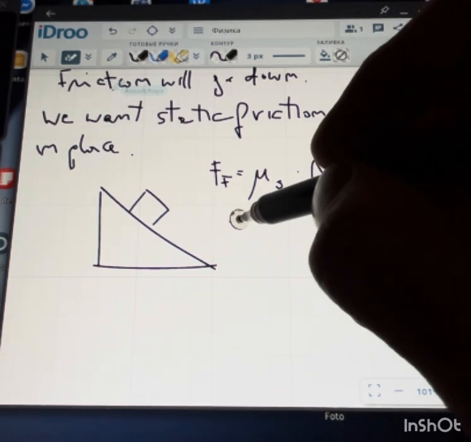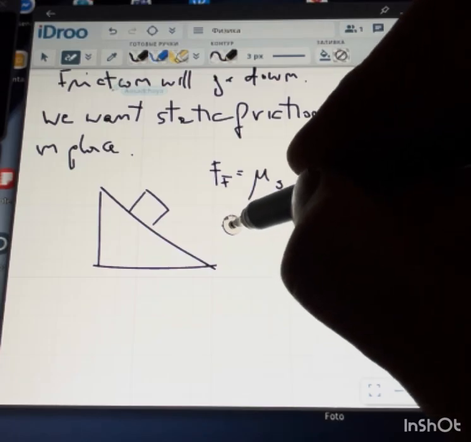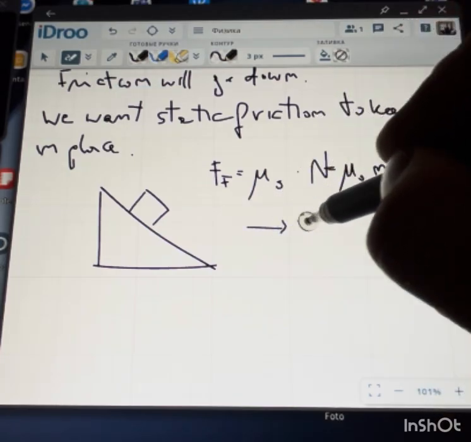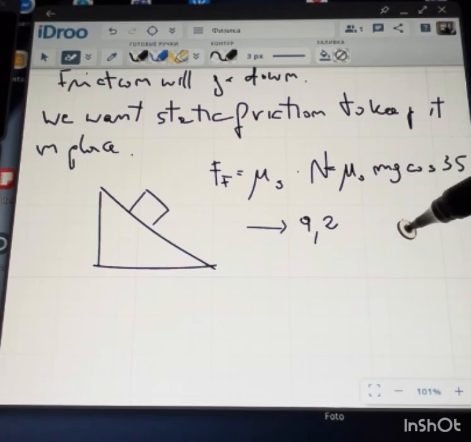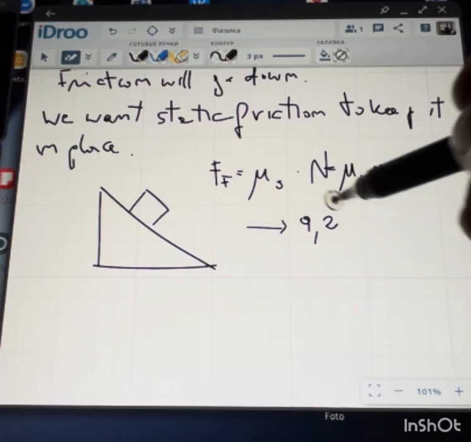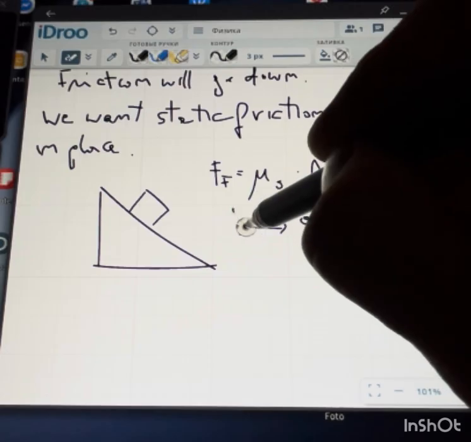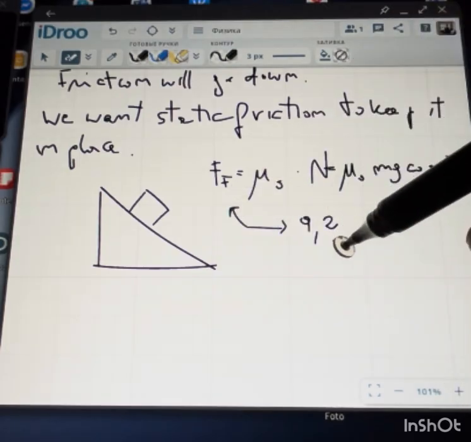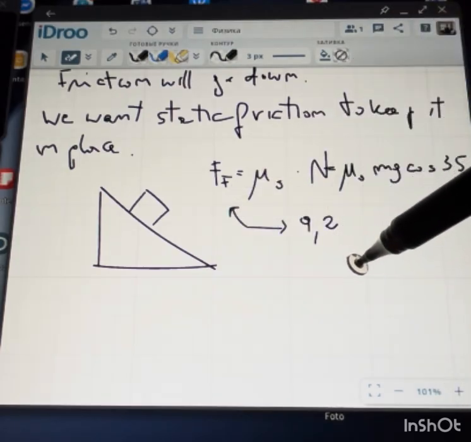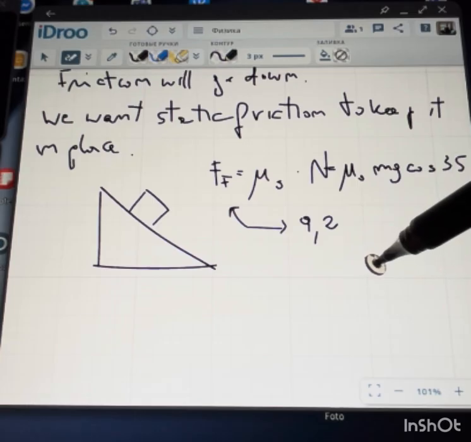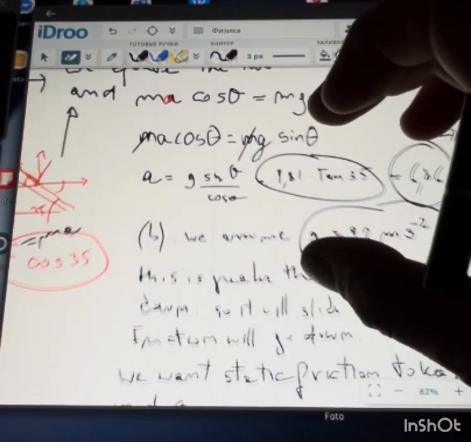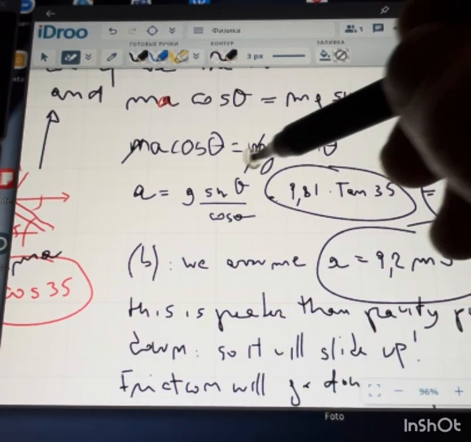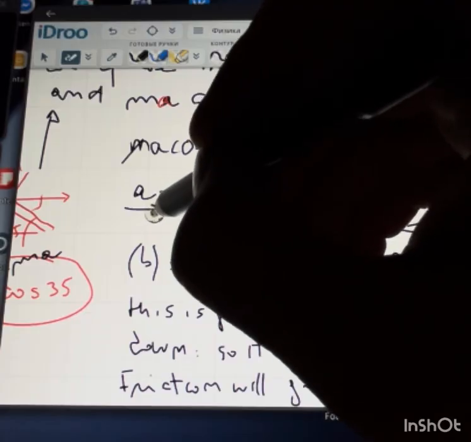That sounds good. So we have an acceleration to the right of 9 point, how much was it? 9.2. How much is the acceleration pulling up? Against the 9.2? No, because 9.2 is the acceleration vertically.